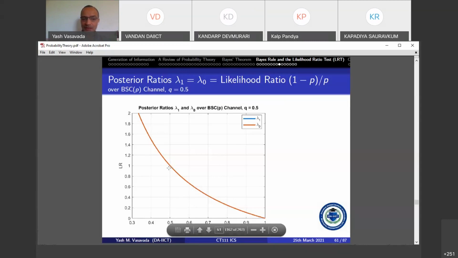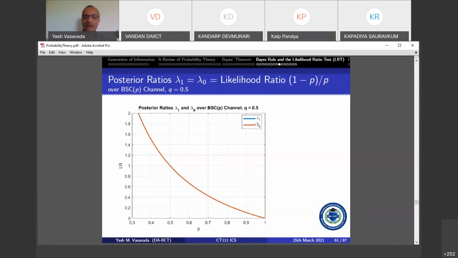then it doesn't matter whether you get y equal to 1 or y equal to 0, because lambda values remain equal to 1. But lambda values, even before you got any value of y, were anyhow 1. Q divided by 1 minus q is 1 because q is 0.5. Now you got y equal to 1, you calculated lambda, it still turned out to be 1.